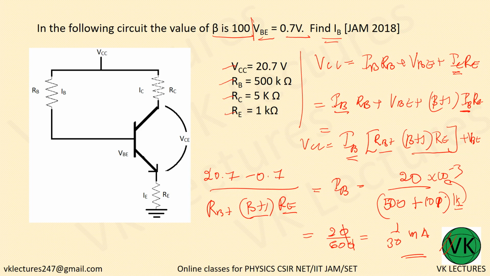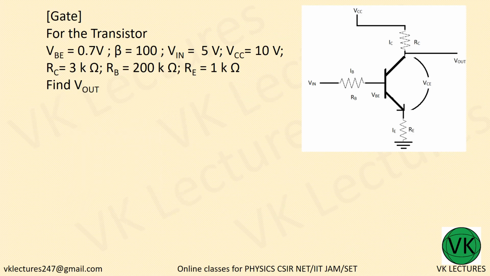Now, KVL to the output side. VCC is 10 volt. So 10 volt is equal to 3K, RC is 3K, so 3K into IC plus this particular one, which is V out.